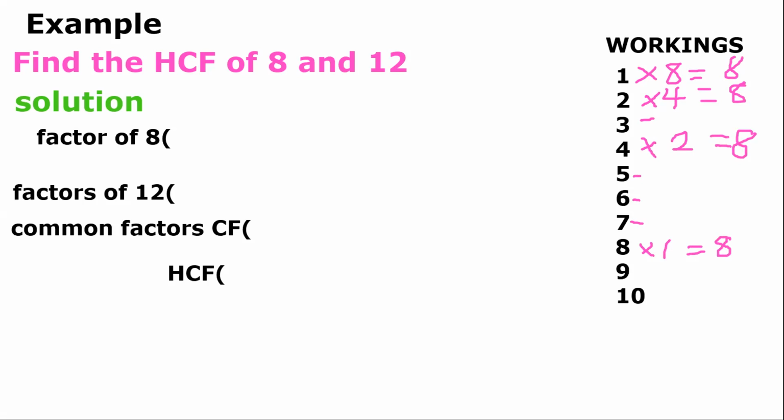Then you circle them, okay? So 1 and 8 is first. 2 and 4 also give you 8. 4 and 2 also give you 8. Then 8 and 1 also gave you 8. So you are going to arrange this one. First one here 1 and 8. Then 2 and 4.